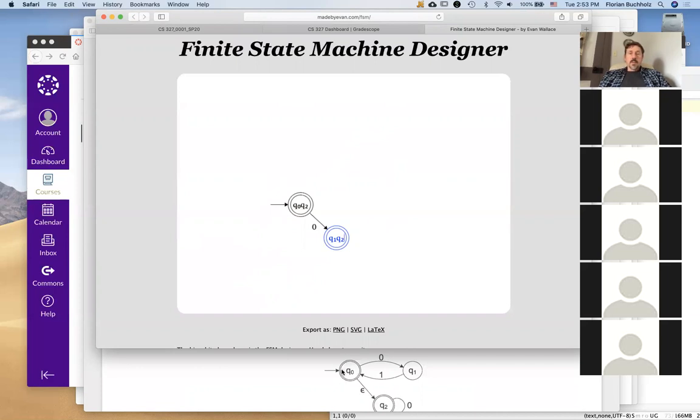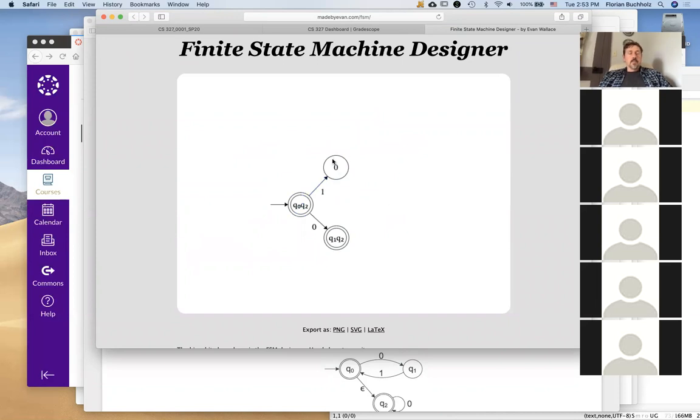We now need to see, okay, on a 1 from Q0, Q2, well, there's no transition with the 1 going out of Q0. There's no transition going out of Q2, so we need the empty set state. And on a 1, we need to go there.